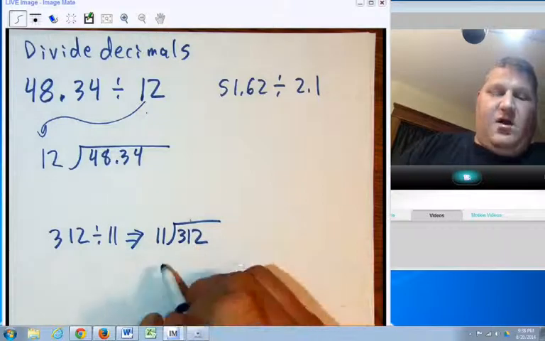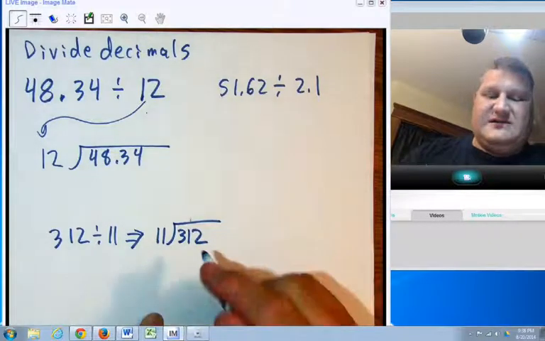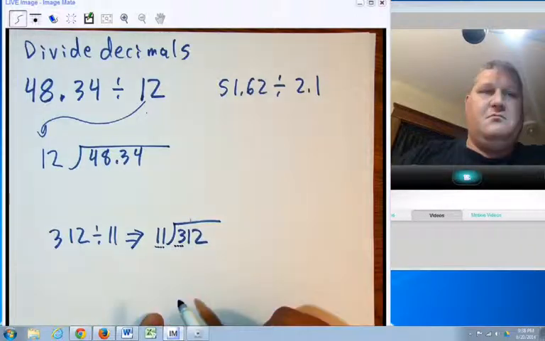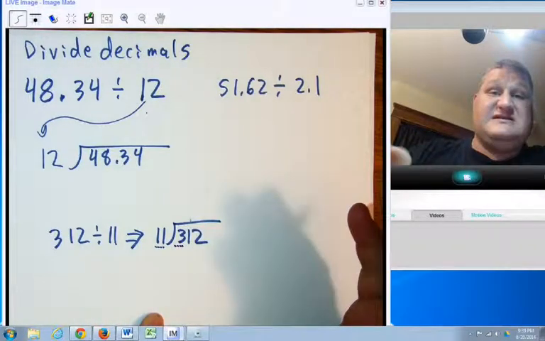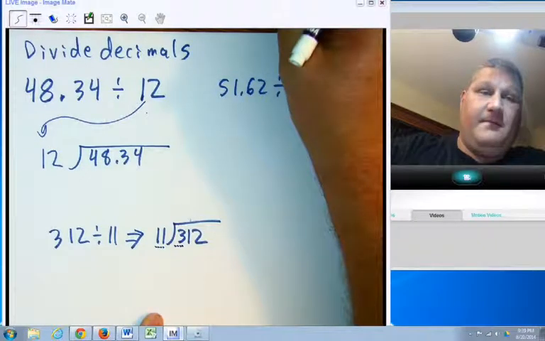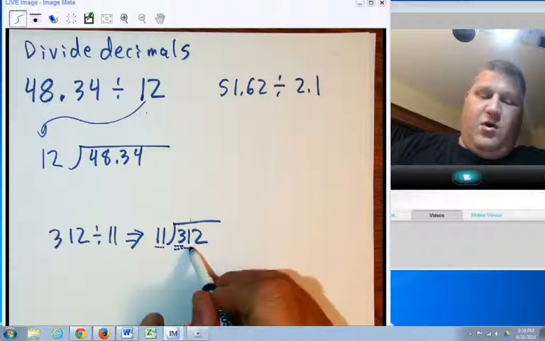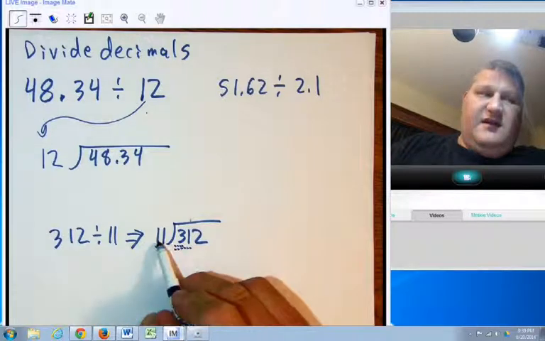Now, our process is as follows. Can 11 go into 3? Well, no, because 3 is smaller than 11. So if it doesn't go into 3, would it go into 31? How many times does 11 go into 31?